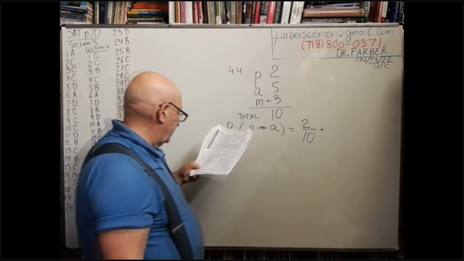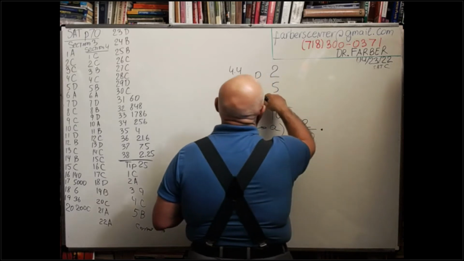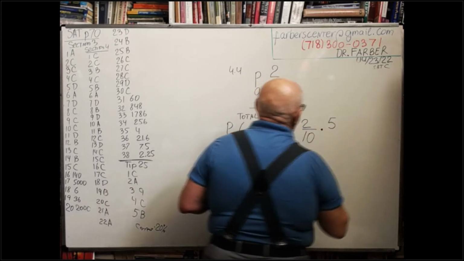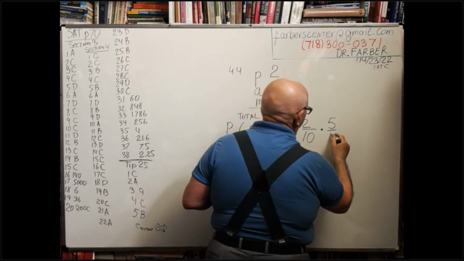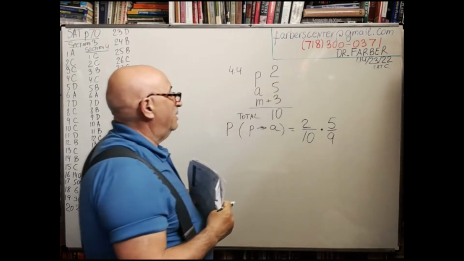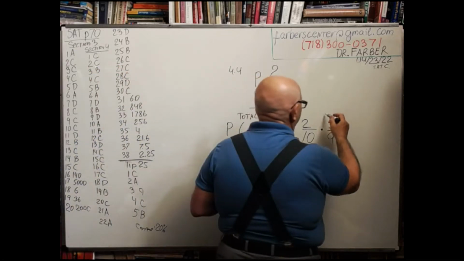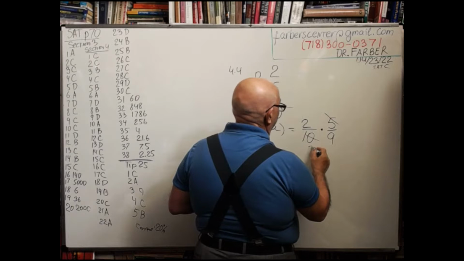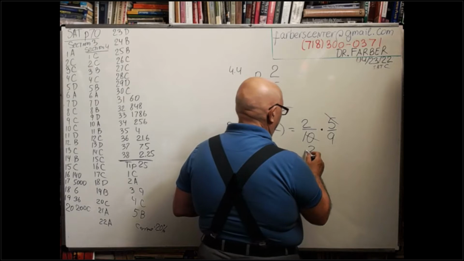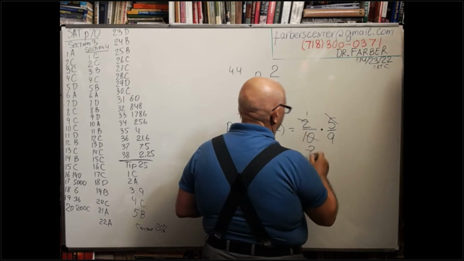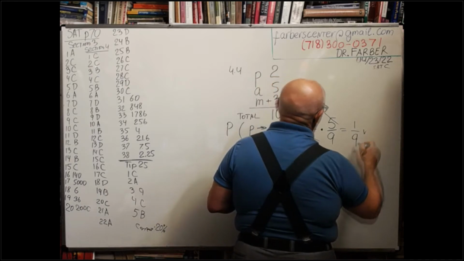That's why they ask you to follow this. Next is A, but A we have 5. But since 1 P is taken, the total will be reduced by 1. It will be over 9. You name it probability without replacement. You took it, do not put back. After that, 5 goes into 10 2 times, right? And 2 and 2 cancel out. And you have 1 over 9. Simple probability question.